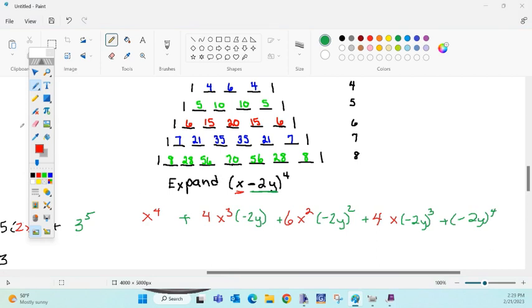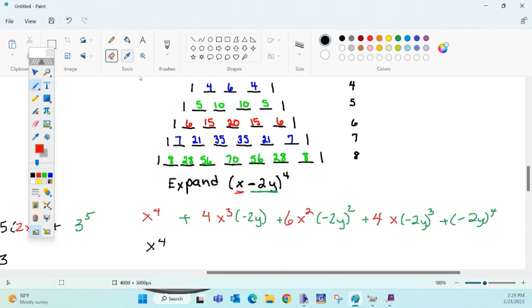So let's do this. We have x to the fourth. This one actually is pretty easy. 4 times negative 2 is just negative 8, and I can make that into a minus.